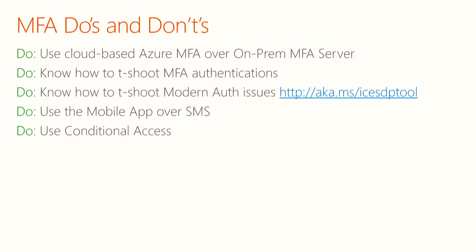If it is, maybe we don't need to require MFA. Is this application a low-risk application? We don't really care if the user does MFA or not. So we can reduce the amount of prompts for MFA by using conditional access and defining that policy while still maintaining our security posture. People are much less likely to do silly things if you give them good user experience.